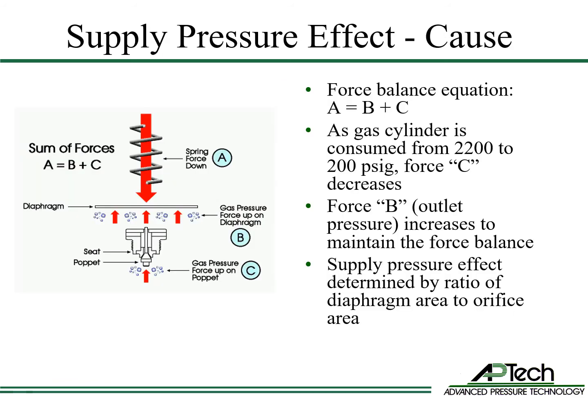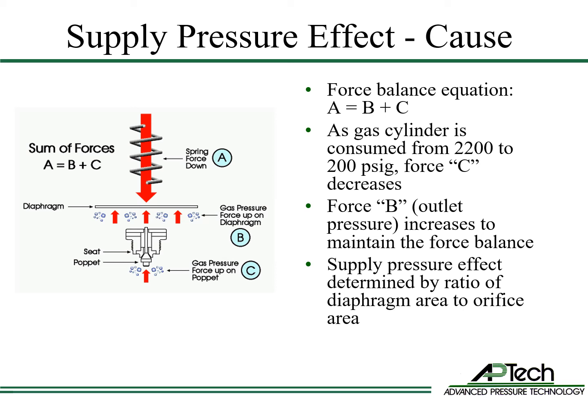In order to understand the causes of supply pressure effect, we will introduce the force balance equation. The downward force of the range adjustment spring is countered by the upward forces of the outlet gas pressure and the inlet gas pressure. As the gas cylinder is consumed from 2,200 psi to 200 psi, force C decreases.